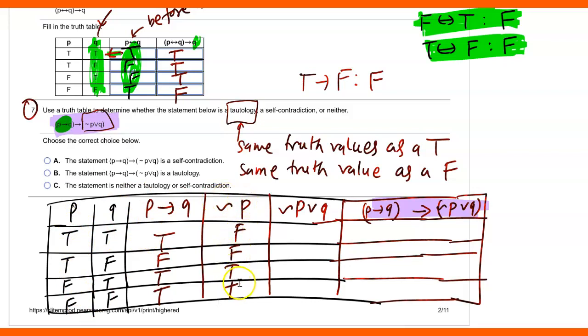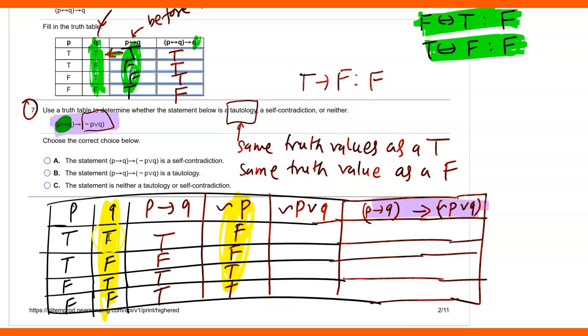Now I'm looking for not P or Q. Therefore, to find this one, I'm looking for this column. Let me highlight that. I'm looking for this column and the Q column. Look at the highlighted column. I'm looking for not P, this column, and the Q column, and I'm going to find OR. Notice that in the OR, it is almost always true. If both are false, OR is going to be false.